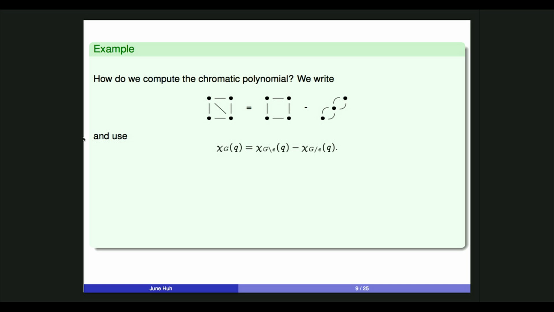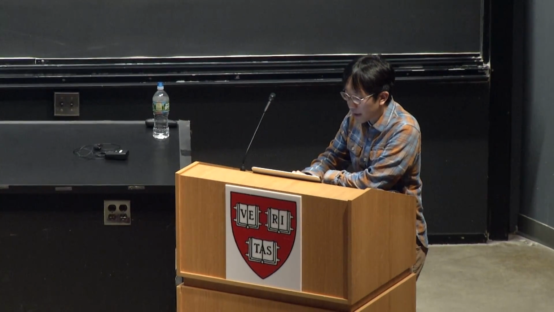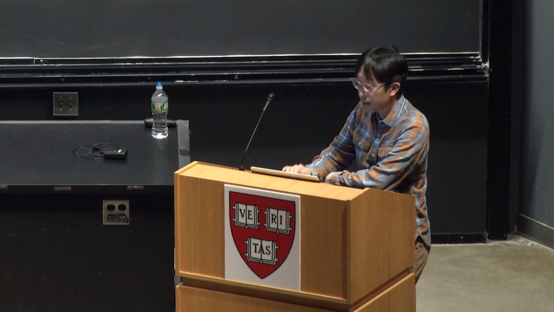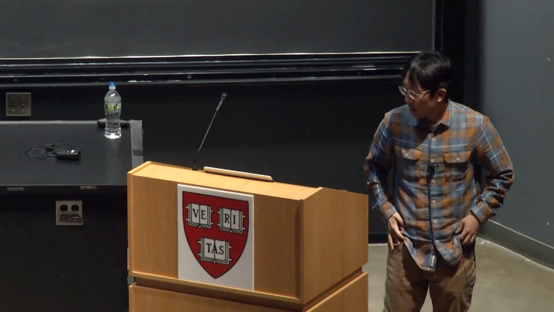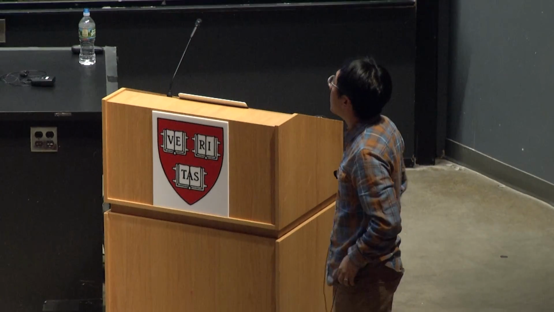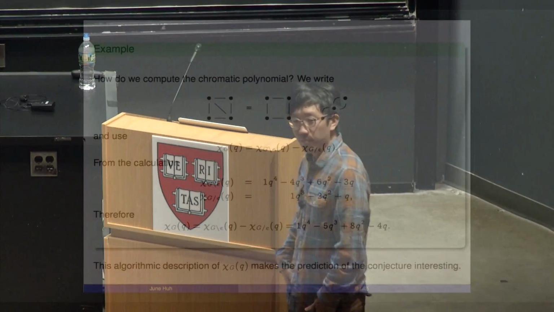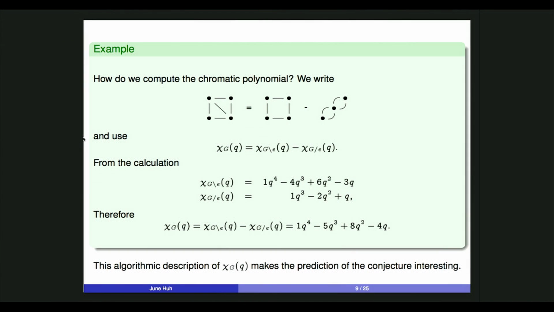There's less restriction for the deleted graph, and those exactly correspond to the number of ways to color the contracted graph. So that's the obvious recursive description of the chromatic polynomial, which happens to show why the chromatic polynomials are indeed polynomials.